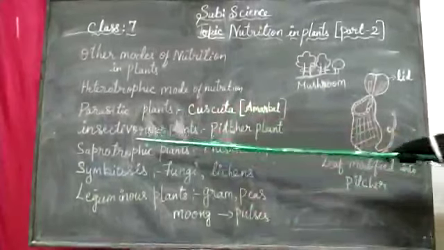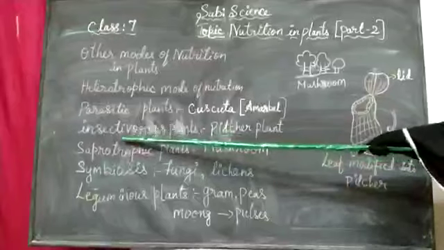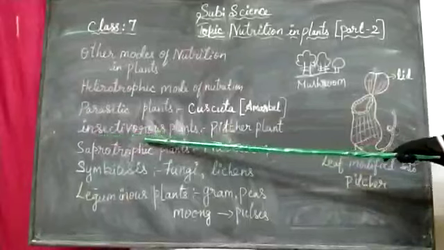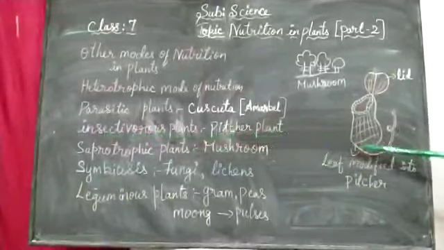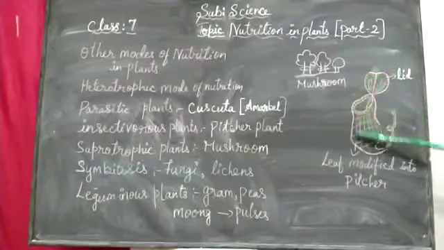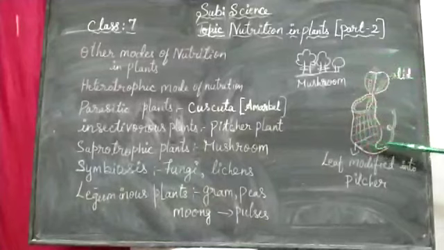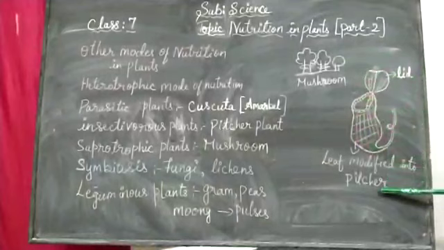Now, coming to the next. Next is insectivorous plants. As the name suggests, these plants depend on insects for their nutrition. Example, pitcher plant. You can see the plant. This is the modification of the leaf of the plant. This type of leaf you can see in the pitcher plant.